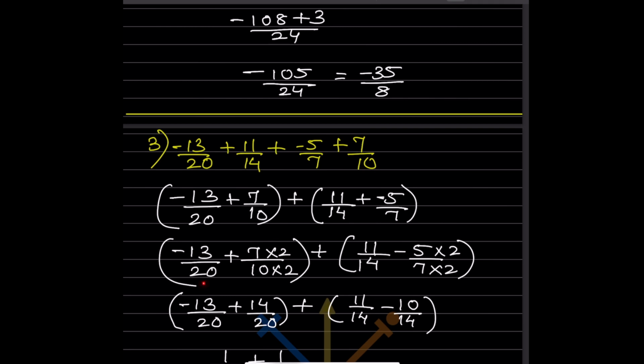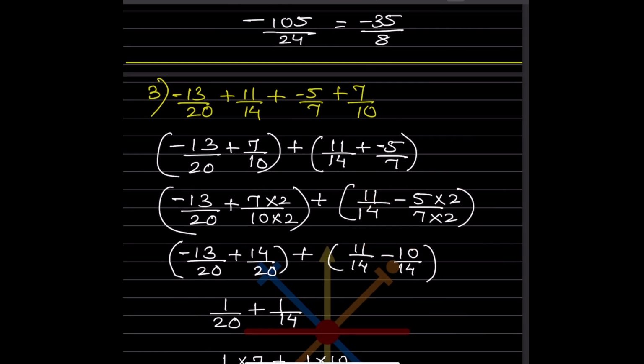Now, this is 20, so this should be multiplied by 2. Simultaneously we can go for the other side. This is 14, so this should be multiplied by 2. So this will be minus 13 plus 14, and here 11 and minus 10.